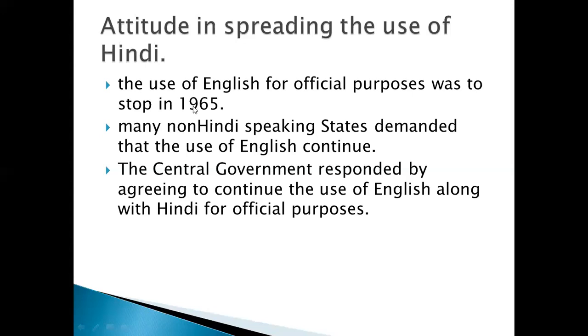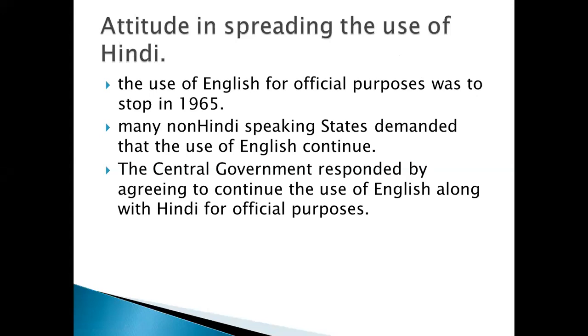When India became independent, it was decided that the English language would be used for official purposes only up till 1965, and after that English would not be used as an official language. But there are many non-Hindi speaking states, and they demanded that the use of English must continue.